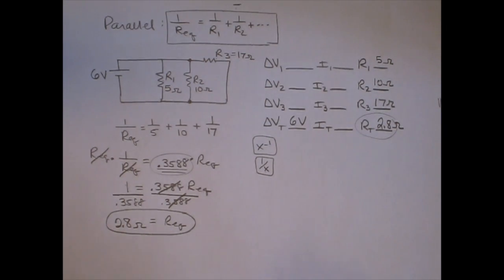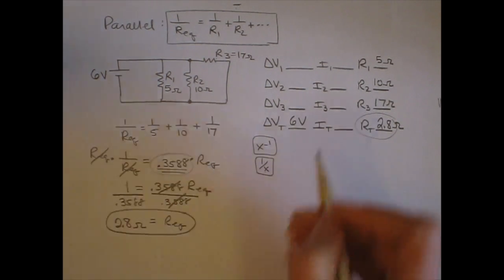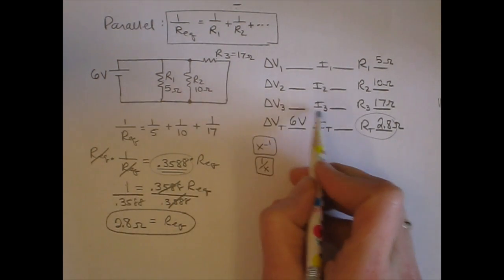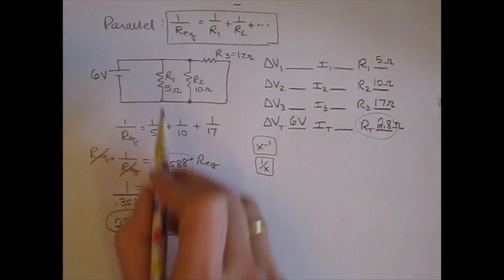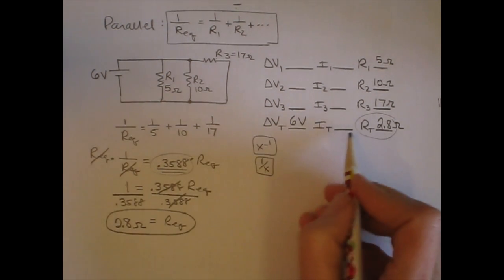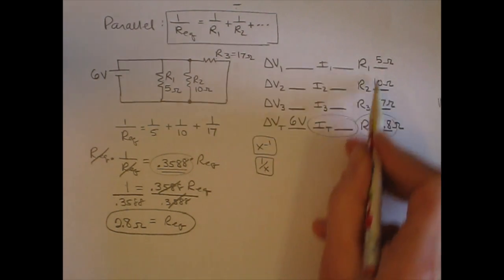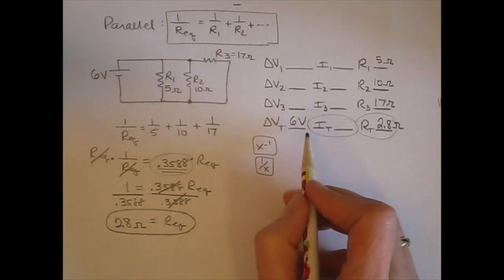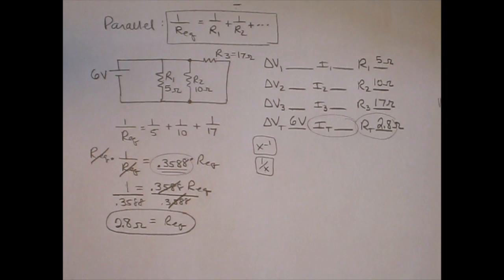Now what we want to do is find the rest of the values for the circuit. We want to analyze the circuit and find the total flow, and then find the flow rate and the pressure difference for each resistor in the circuit. Looking at our chart, we don't know any of these values, but we have 2 values for the total circuit, the circuit as a whole.